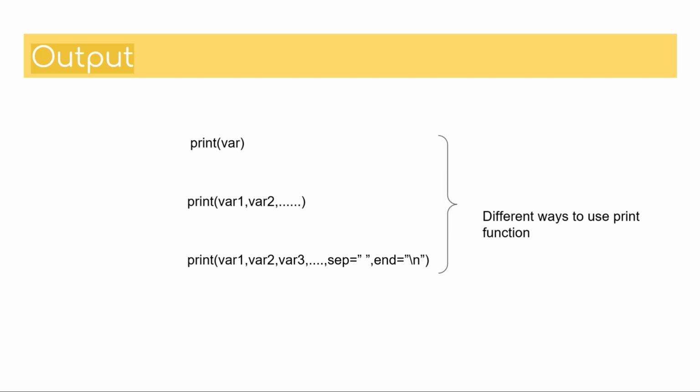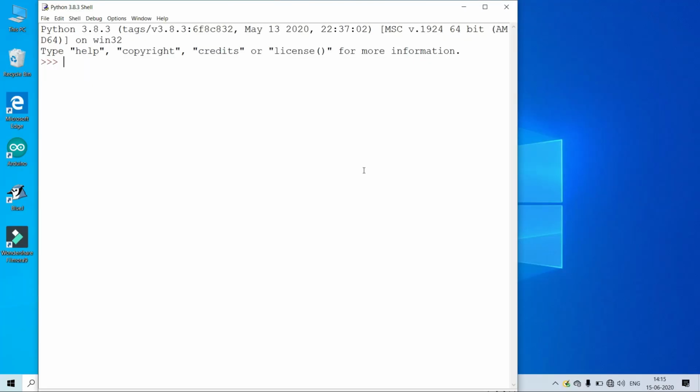So let us see these hands-on as well. Let us say we want to print our message. Our message is enclosed in double inverted commas or single inverted commas, hello world, and it is printed here.